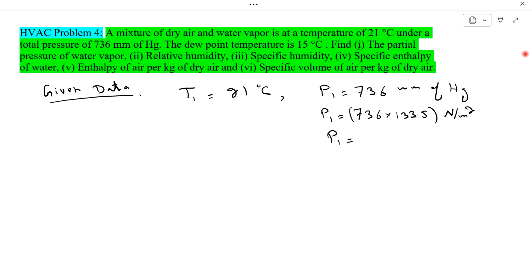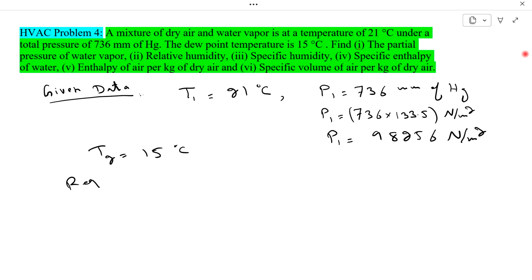So the final answer is 98256 Newton per square meter. The dew point temperature is 15 degrees centigrade, so T2 is equal to 15 degrees centigrade.